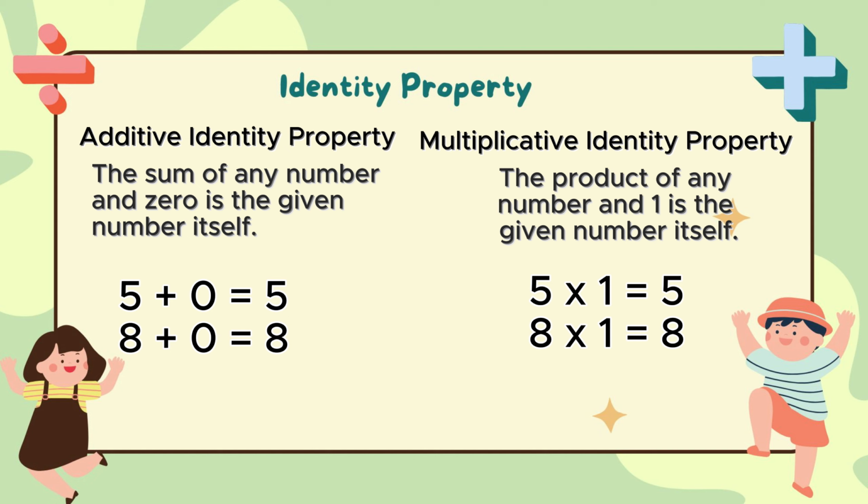So, they are identical, meaning same identity. This is called the multiplicative identity property. What makes the product similar to the given number? Because we are multiplying by 1. Therefore, the identity element for multiplication is 1.